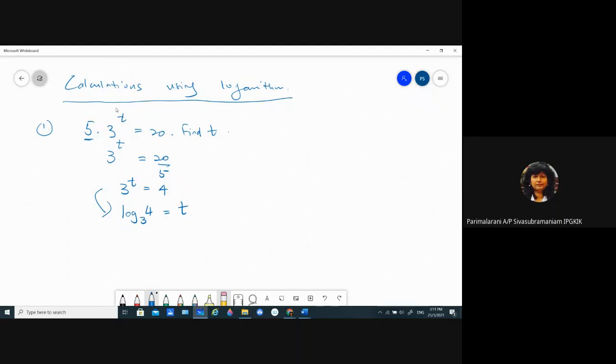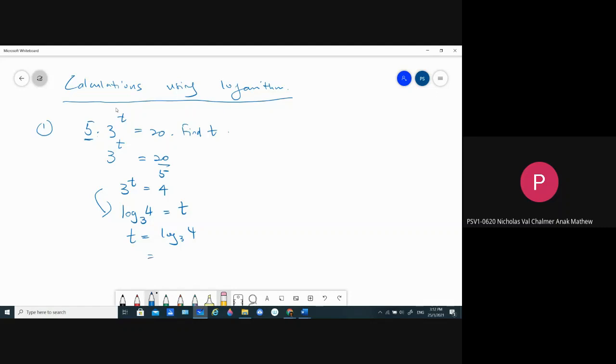So I like to write it this way again. We can't solve it by hand. Can you find this answer using your calculator? Yes, what's your answer? 1.26185.